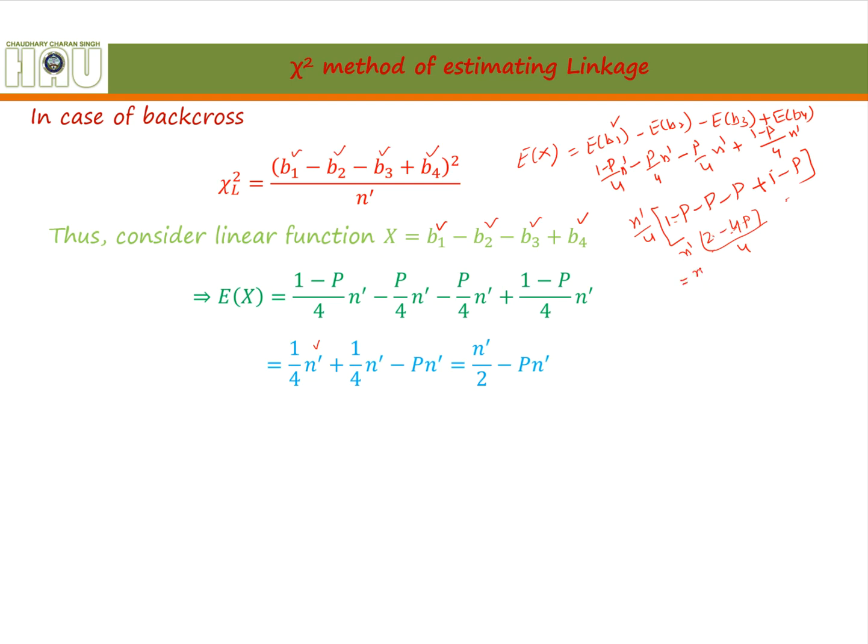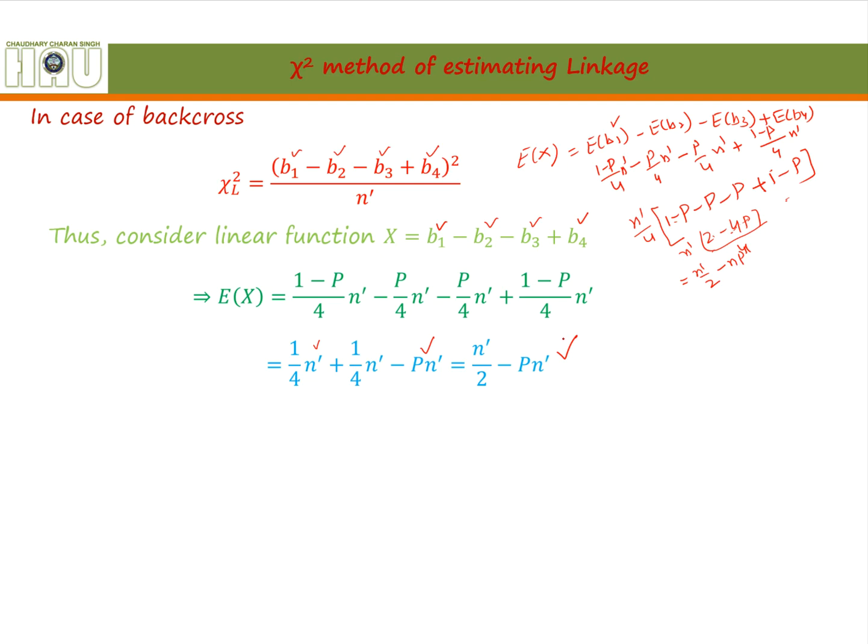So it is n dash by 2 minus n dash p. This is all right. So you will get this expression.